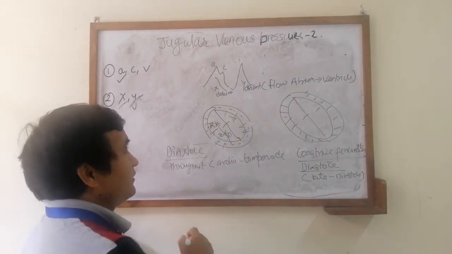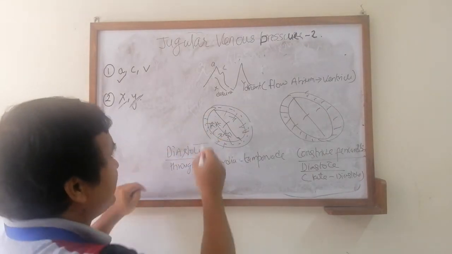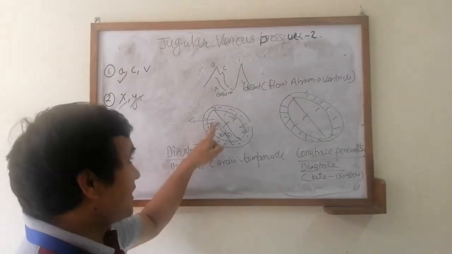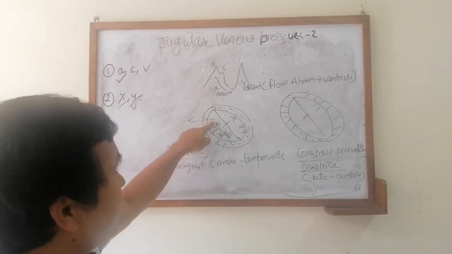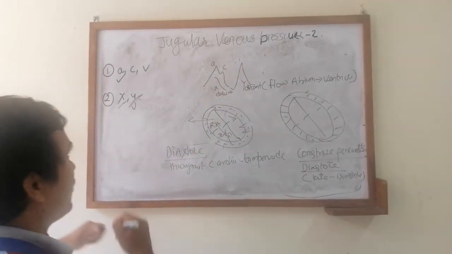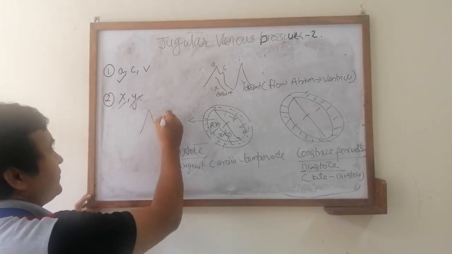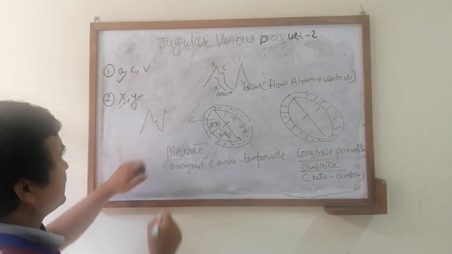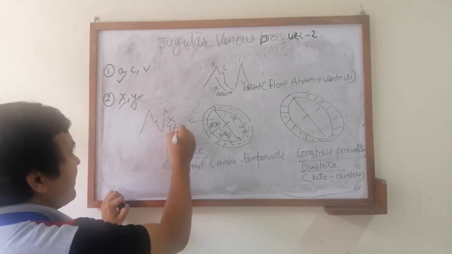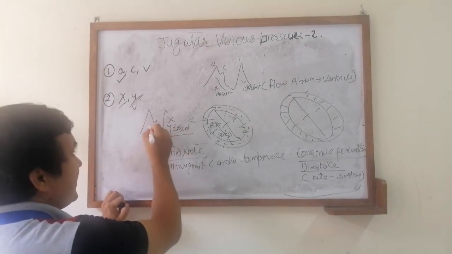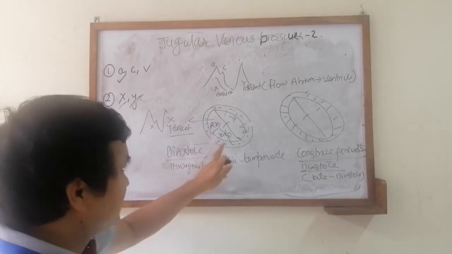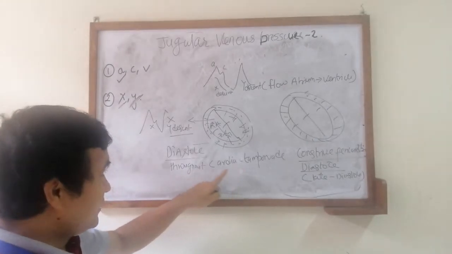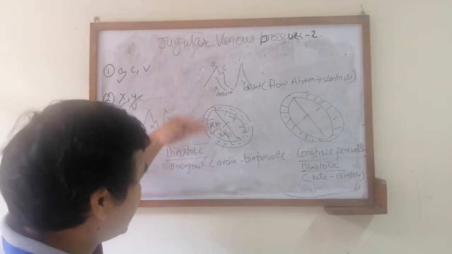If it cannot flow out, then it cannot decrease the pressure of the right atrium. If it cannot decrease the pressure of the right atrium, then you won't see the Y descent. There will be no Y descent in cardiac tamponade. There is only X descent, but no Y descent. Why is there no Y descent? Because cardiac tamponade is exerting the positive pressure throughout the diastole.